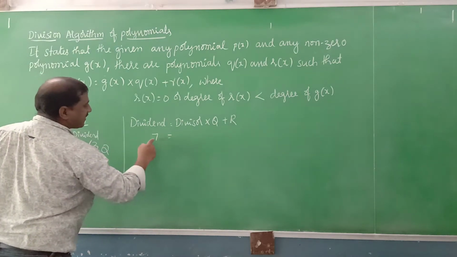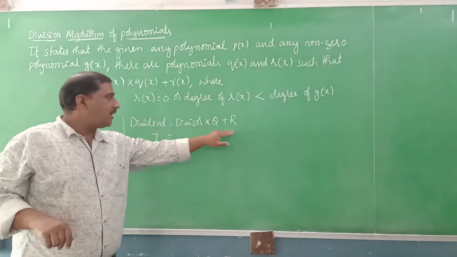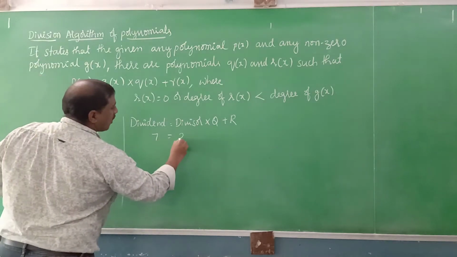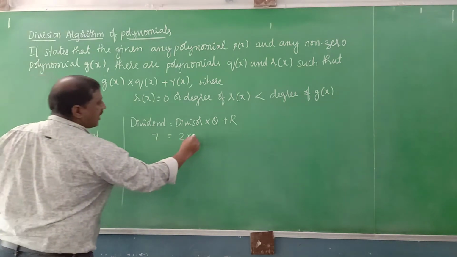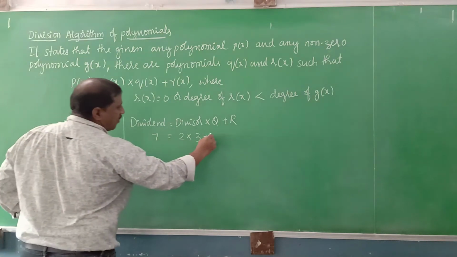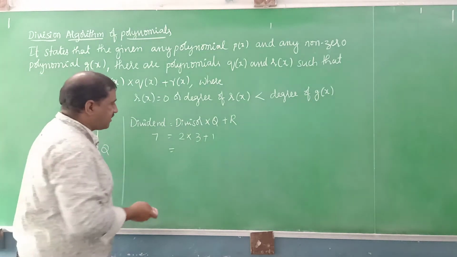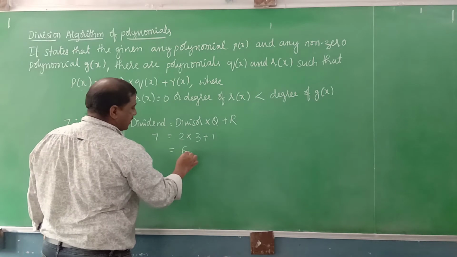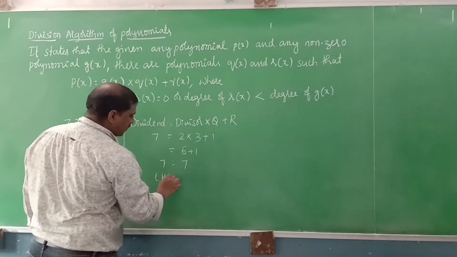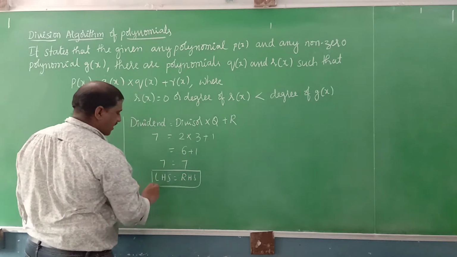We check whether 7 is equal to the divisor 2 into the quotient 3 plus the remainder 1. As per the BODMAS rule, first we multiply, then add. 2 into 3 is 6, 6 plus 1 is 7. So LHS is equal to RHS. Hence it is verified. Is it clear, children?